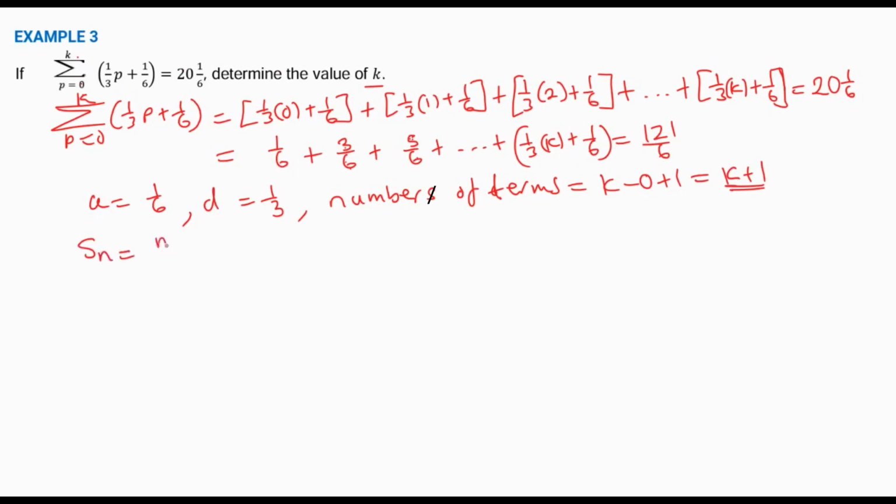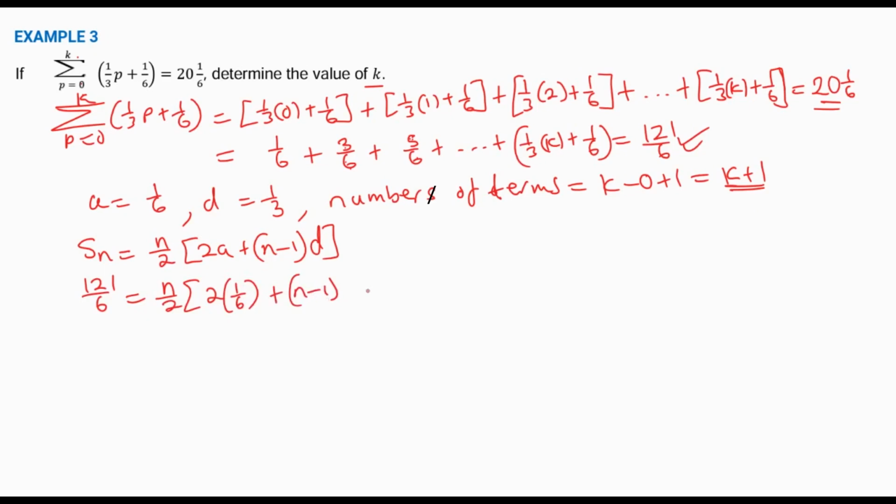Right, now let's do our calculations. Sn is equal to n over 2, 2a plus n minus 1 d. Let's substitute what we have. Our Sn is 121 over 6. So 121 over 6 is equal to n over 2, then 2 times a, 1 over 6, plus n minus 1, the difference is 1 over 3.